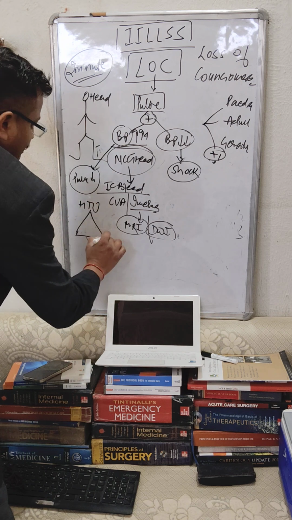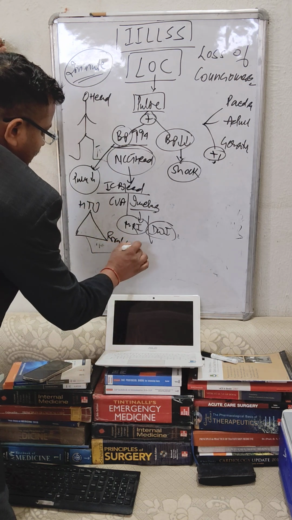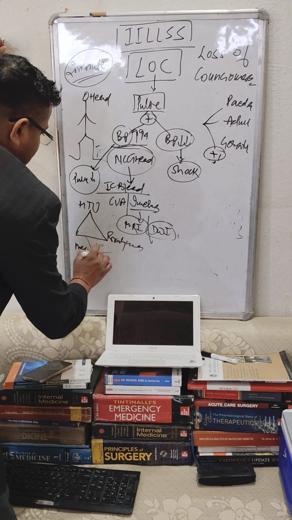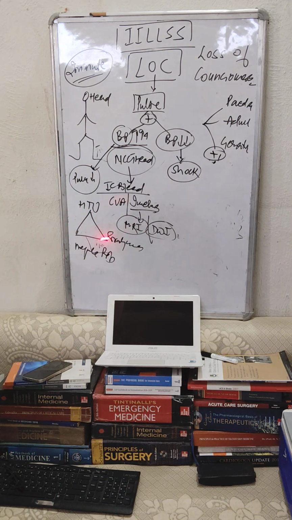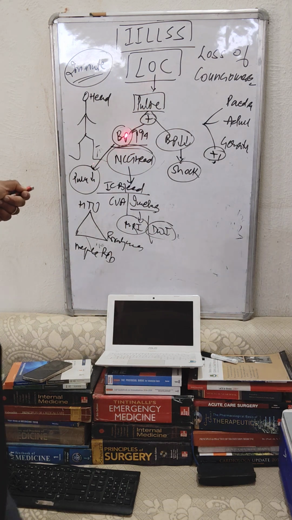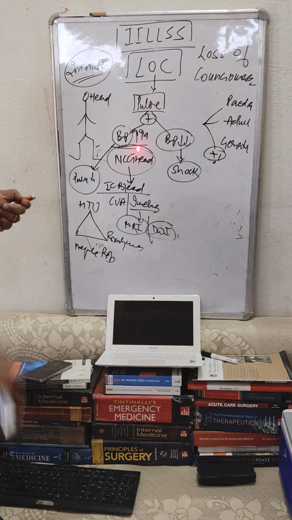Hypertension, bradycardia and irregular respiration, usually found in raised ICP signs. That might be because of some tumor, SAH, or intracranial bleed. There might be n number of pathologies. So this happens in BP on the higher side and pulse on the lower side.